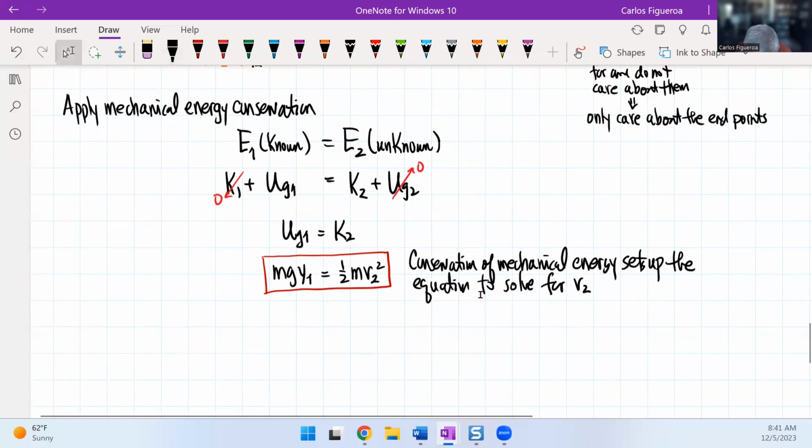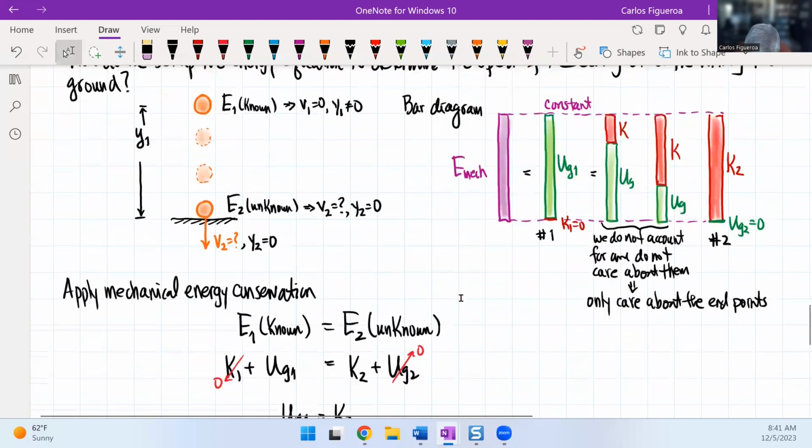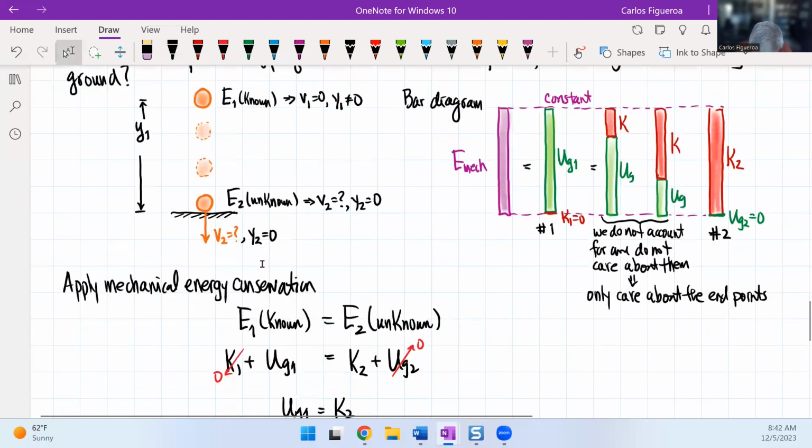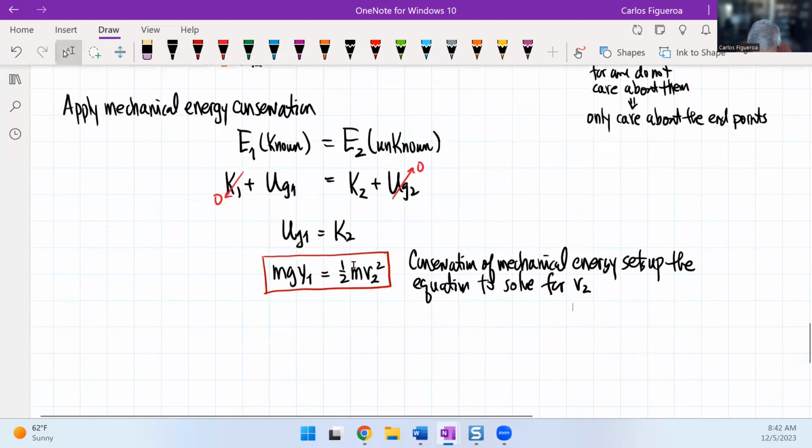And that's the power of conservation of mechanical energy. So if you can get this picture here, it's a very, very powerful picture. And it's definitely easier than using the work energy theorem.